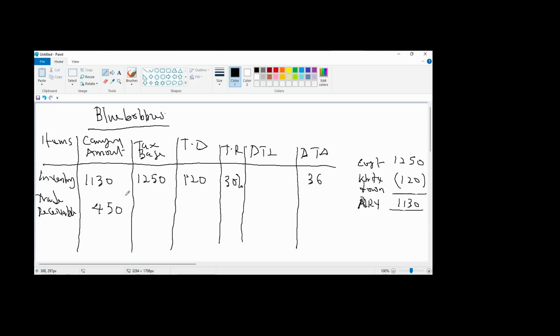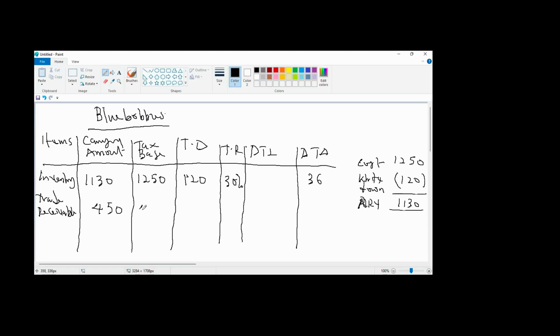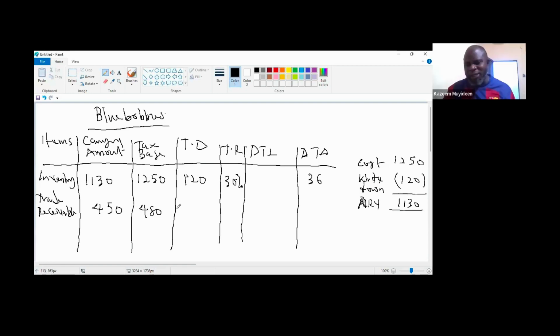480. How? Because we made a general provision. Accountants do not concern tax people. The temporary difference is 30, and we take 30% of it. Is it a deferred tax liability or deferred tax asset?